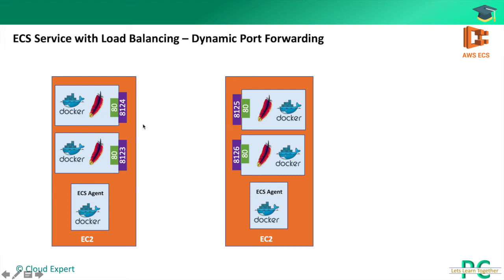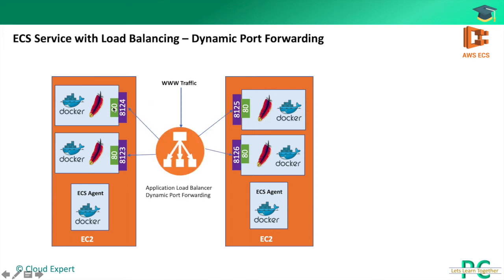Now you might be thinking how the traffic from the outside world will be navigated to these containers, or how I'll manage the traffic. To answer this question, the AWS Application Load Balancer has the perfect solution for you, and that is called dynamic port forwarding.